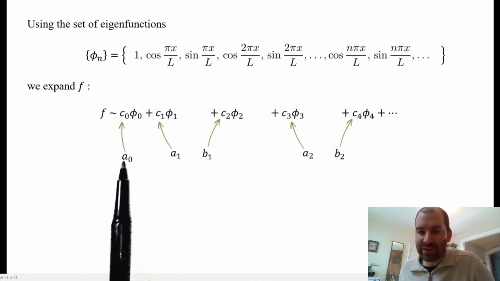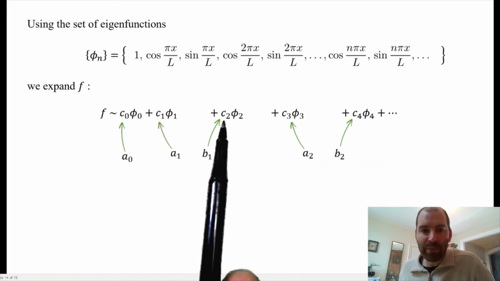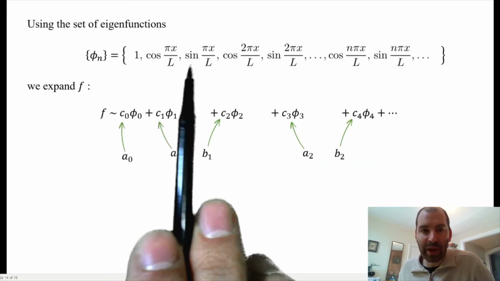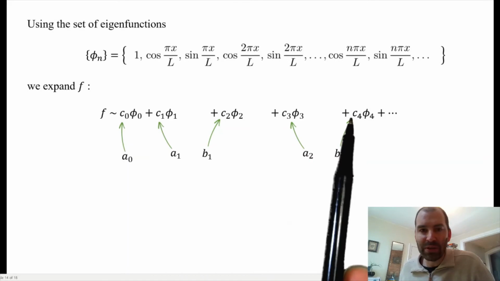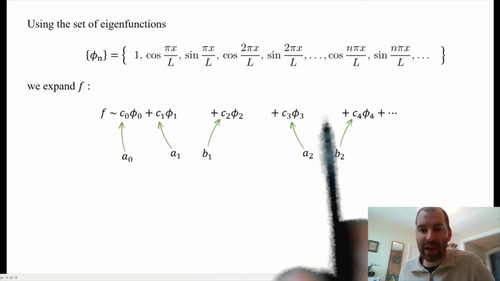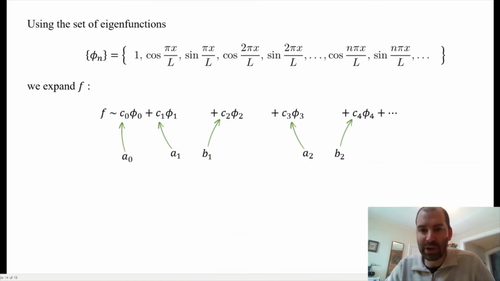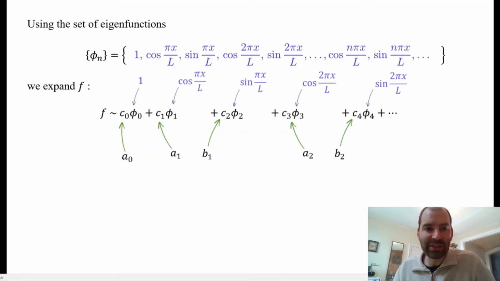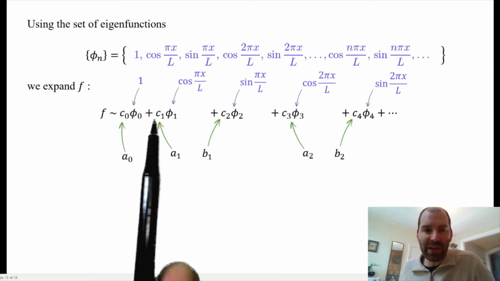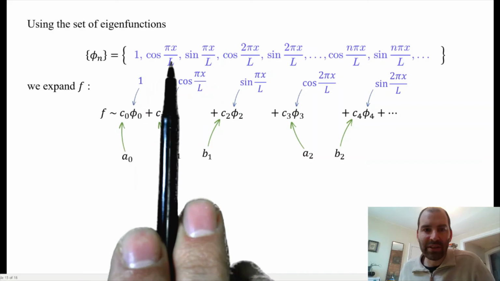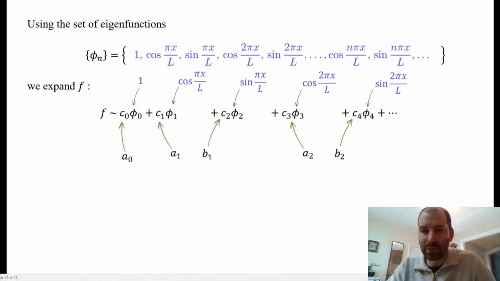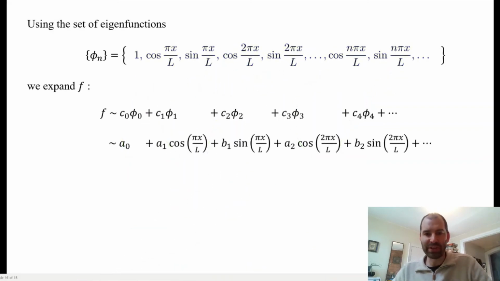C0 we're just going to call A0. And then we're going to go A1, B1 for the first pair, and then A2, B2 for the second pair, and then A3, B3, etc. And just to remind you, these phis are just these functions here. So when we do that, we just get this.